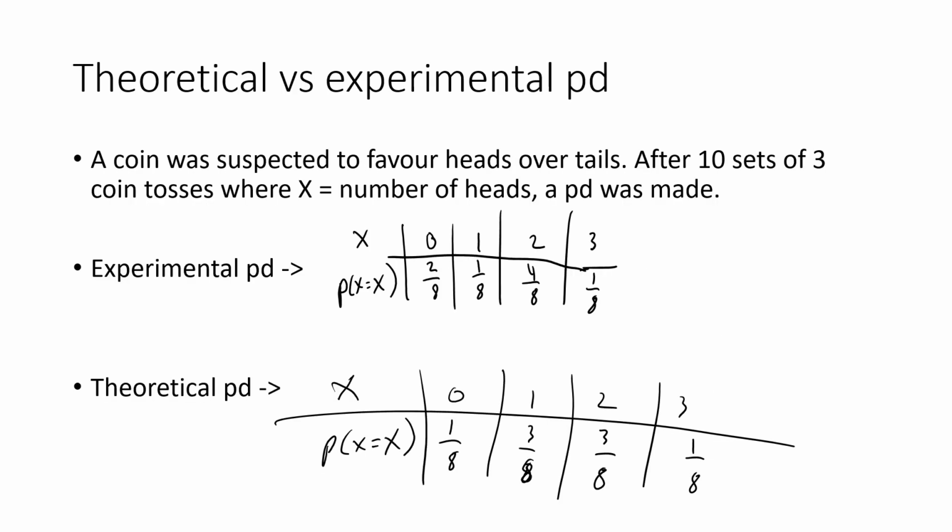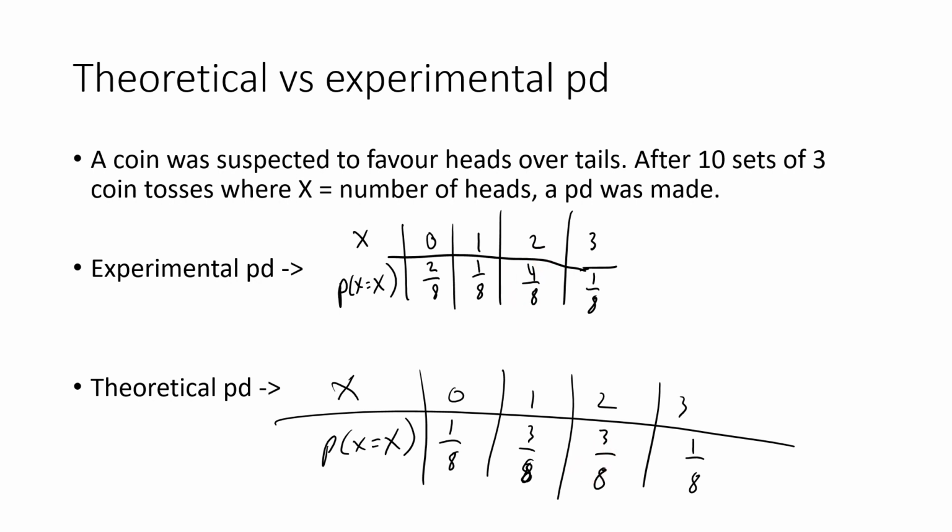Last thing to mention is theoretical versus experimental probability distribution. So the theoretical one is for tossing a coin 3 times, and this is what we got. This was the very first question, and this is the theoretical probability distribution. But if you did the test 10 times and noted it down, you might get this probability distribution, where it was apparently more likely to get 0 heads and more likely to get 2 heads compared to the theoretical one.